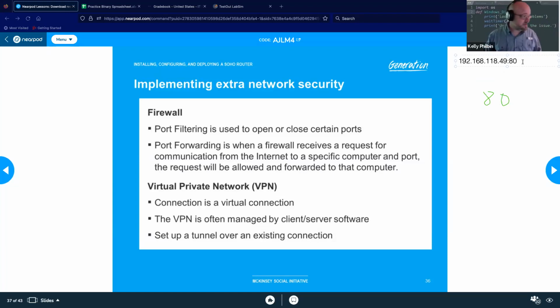I could say when I come into my network, instead of port 80, it's port 64.213. I could predetermine this port. When it hits my router, it will get forwarded directly to this camera at port 80.